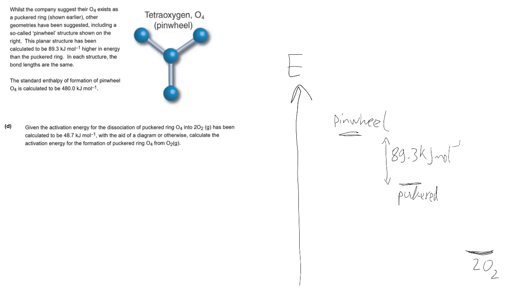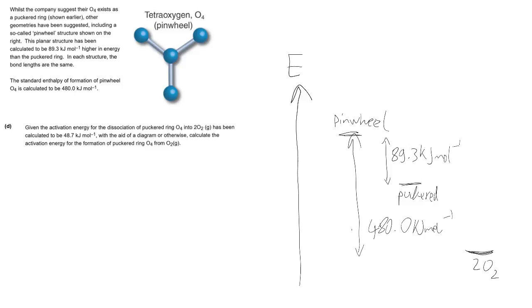We're also told that the standard enthalpy of formation of the pinwheel is 480 kilojoules per mole. Now remember, the standard enthalpy of formation is this energy going down to the elements. So we know that this is 480.0 kilojoules per mole.